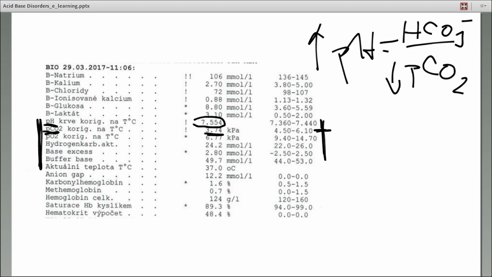And I tell you right now the general answer for any question on treatment of acid-base disorders, and that is: the treatment is causal. We treat the cause. We do not treat the associated acid-base disorder.